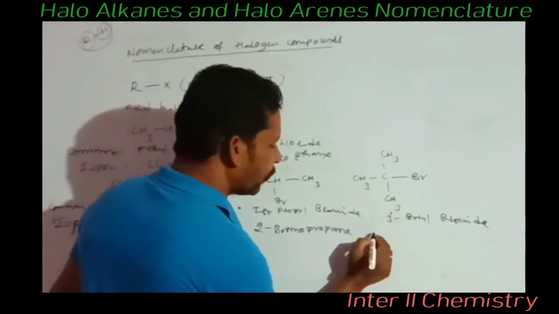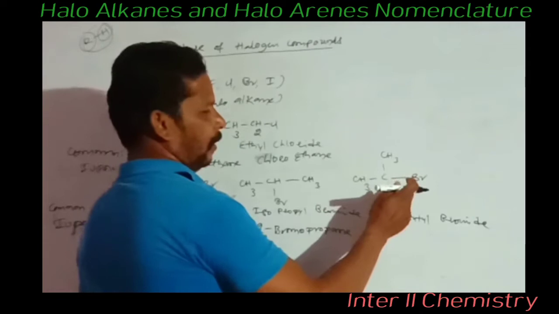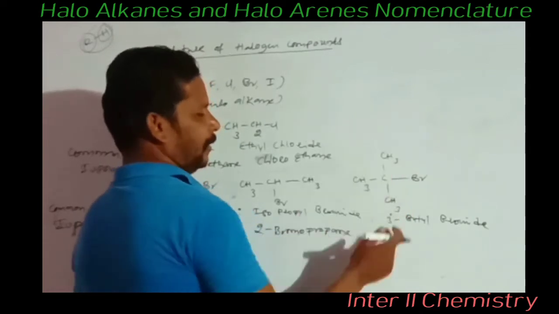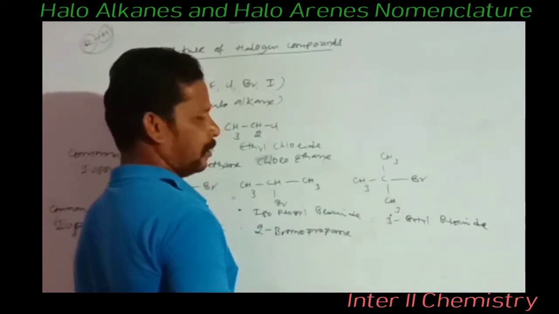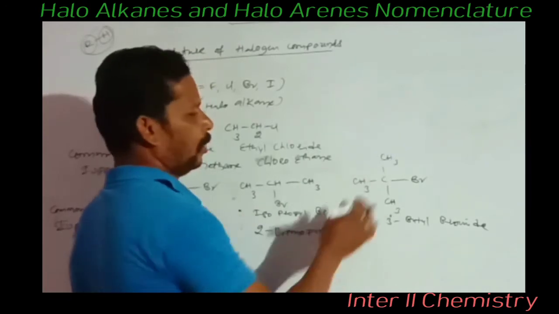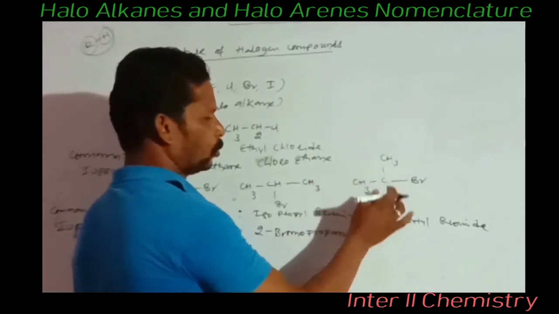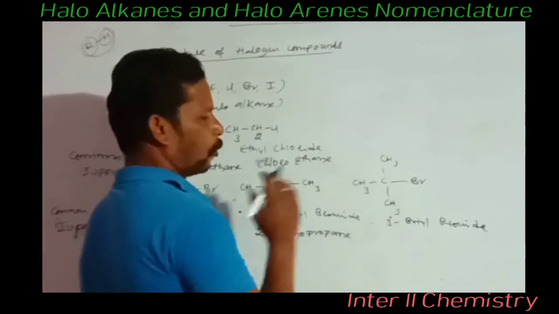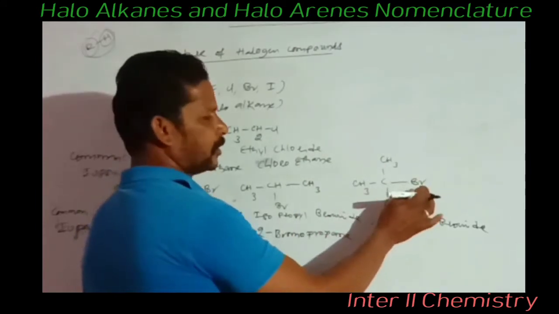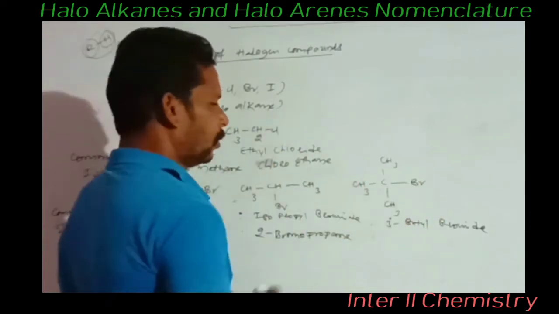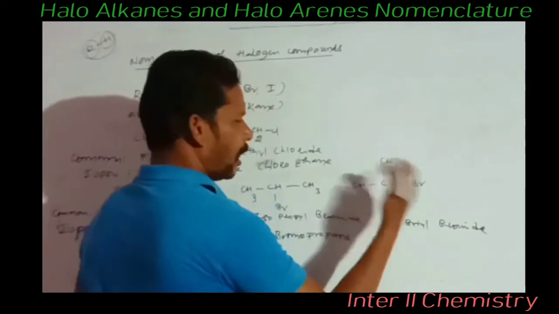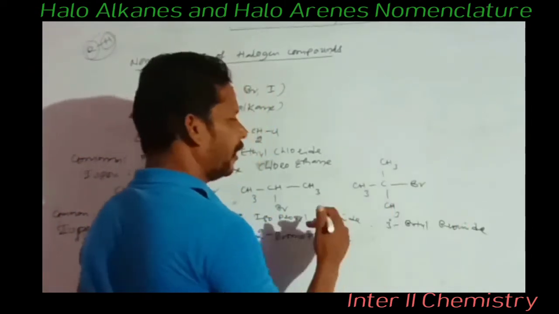But according to IUPAC nomenclature, you have to select the main chain as a hydrocarbon chain according to the longest chain rule. So here, how many carbons? 1, 2, 3. So propane is the root word, bromo is a substituent and methyl is a substituent. So you have to follow alphabetical order.